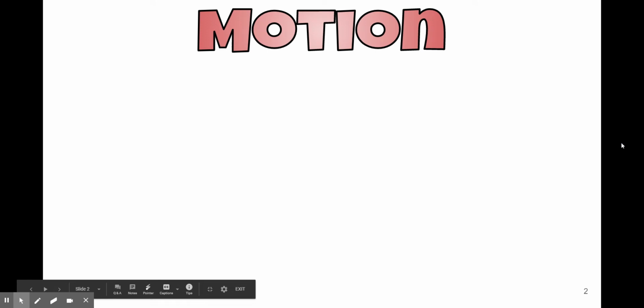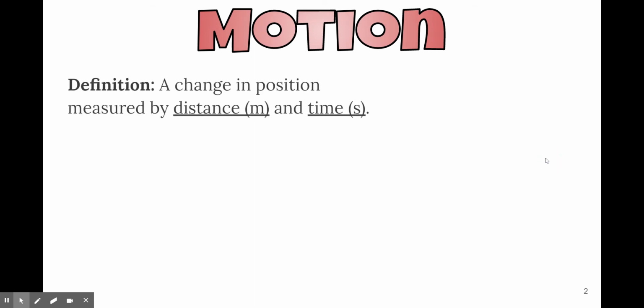So a quick refresher from yesterday, we need to again talk about motion because we're going to be graphing motion today. Motion is defined by a change in position measured by distance and time. So we're going to be looking at graphs that have changing distances or changing position over a certain amount of time.